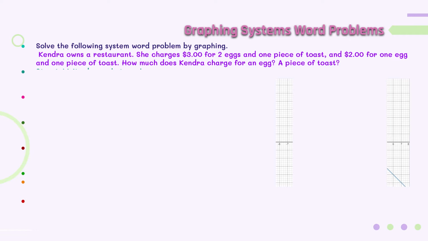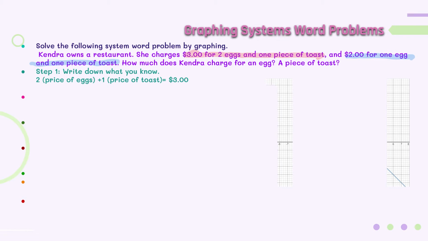Solve the following system word problem by graphing. Kendra owns a restaurant. She charges $3 for 2 eggs and 1 piece of toast, and $2 for 1 egg and 1 piece of toast. How much does Kendra charge for an egg? How much for a piece of toast? Step 1 to every word problem is we write what we know.